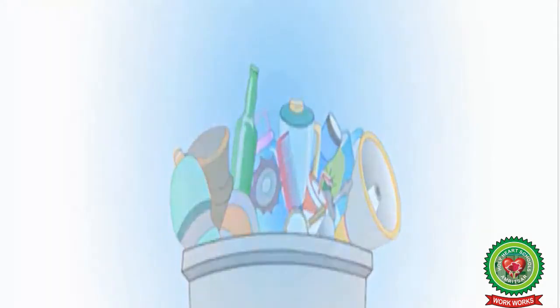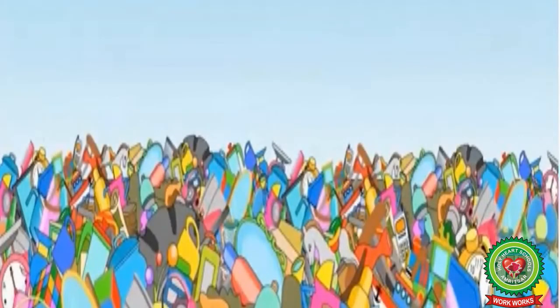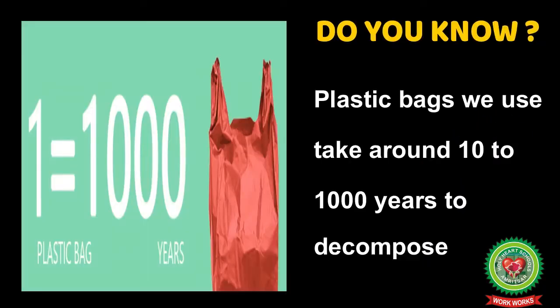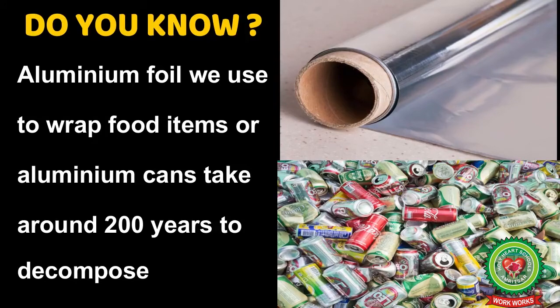So we can say that materials, especially those produced by humans, cannot be decomposed and remain unchanged for a very long time. Students, do you know plastic bags we use take around 10 to 1000 years to decompose, while aluminium foil we use to wrap food items or aluminium cans take around 200 years to decompose.